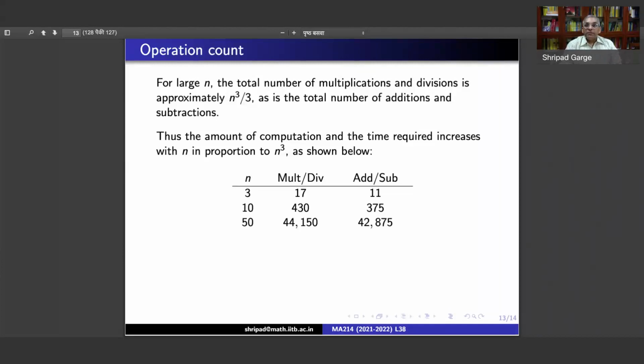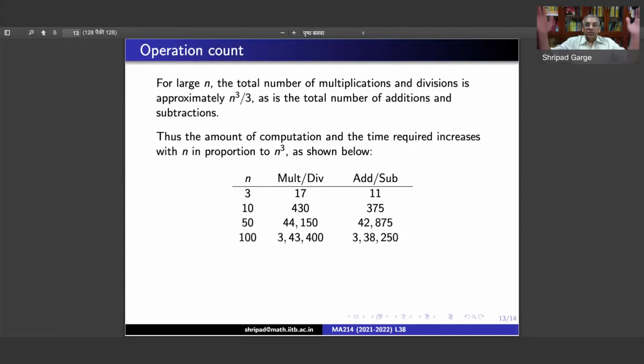For 50, it is 44,150 for multiplication or division. And for addition or subtraction, it is 42,875. And finally, for 100, so if you have a 100 by 100 matrix, then you will have to compute 3,43,400 operations of multiplication or division and 3,38,250 operations of addition or subtraction.